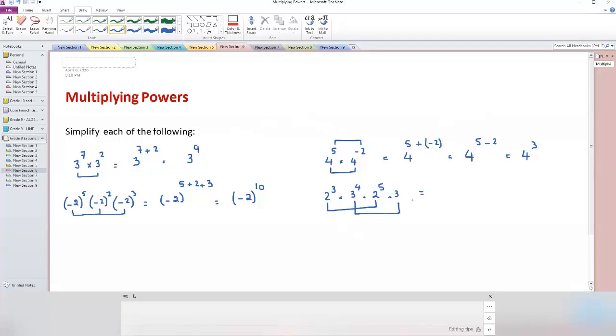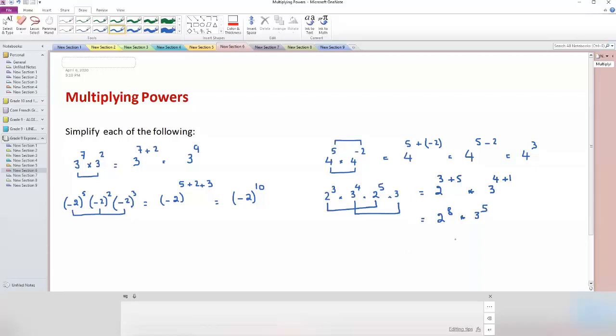So for the base of 2, I have 2 exponent 3 and 5. That means 3 plus 5. And after that, times, regarding the base of 3, I have 4 and 1. That means 4 plus 1. That means 2 exponent 8 times 3 exponent 5.